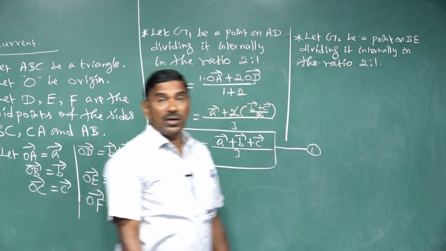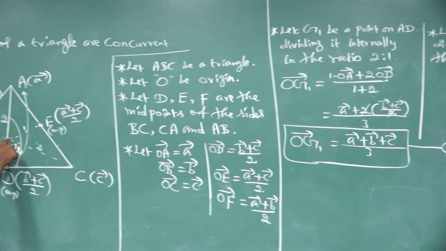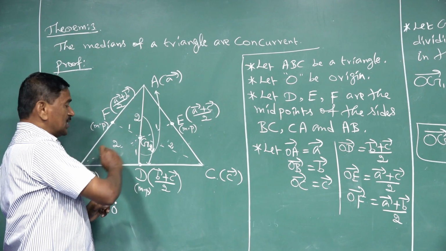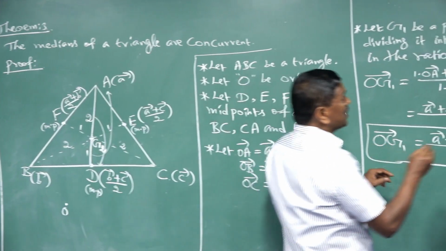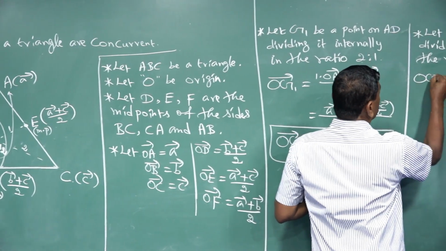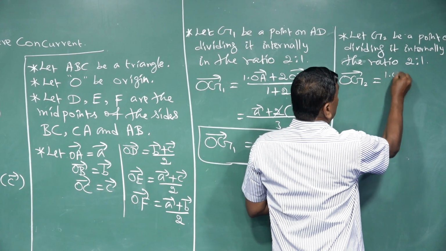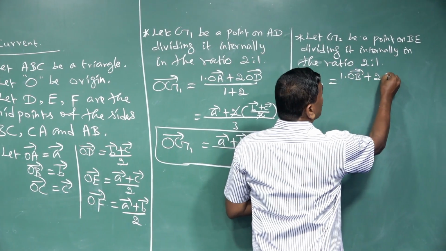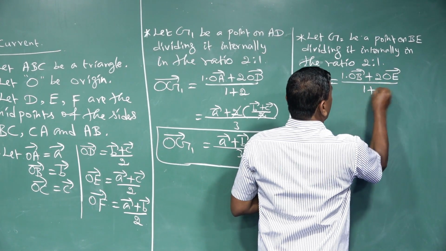Then by the section formula, OG2 vector is equal to 1 into OB vector plus 2 into OE vector divided by 1 plus 2.